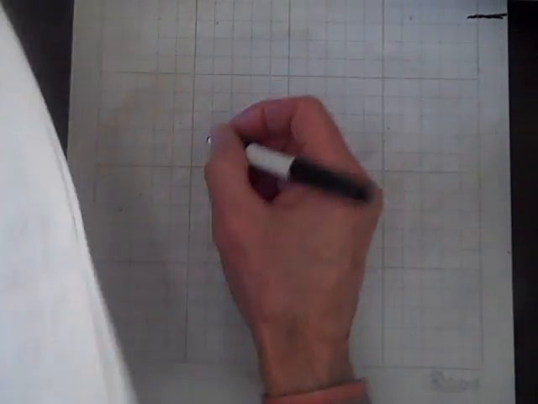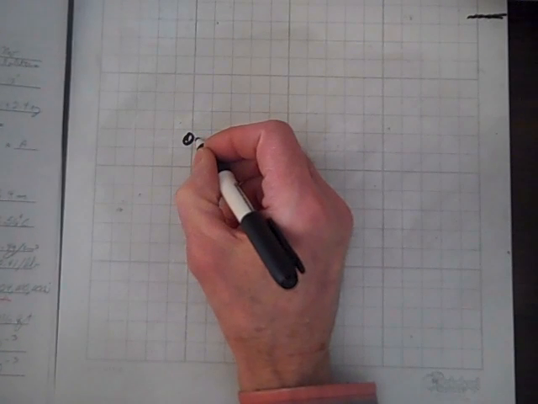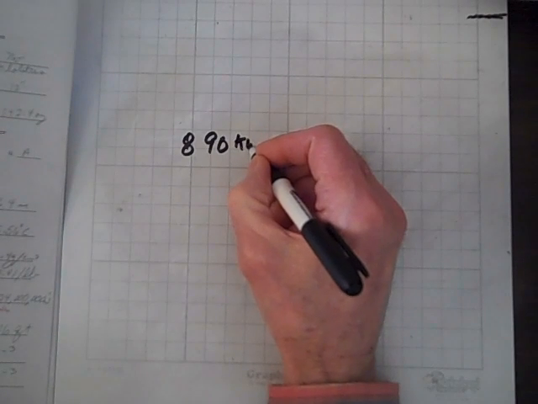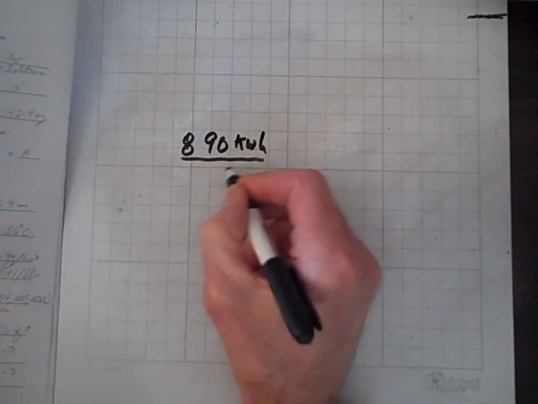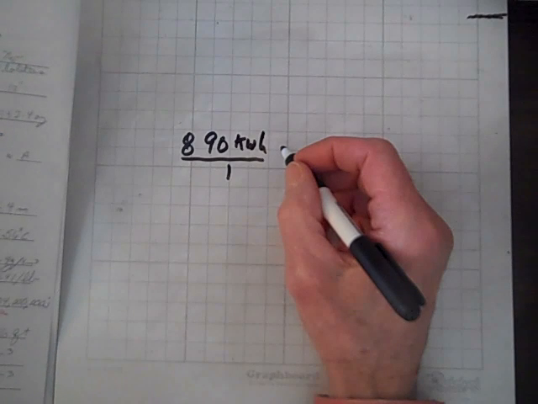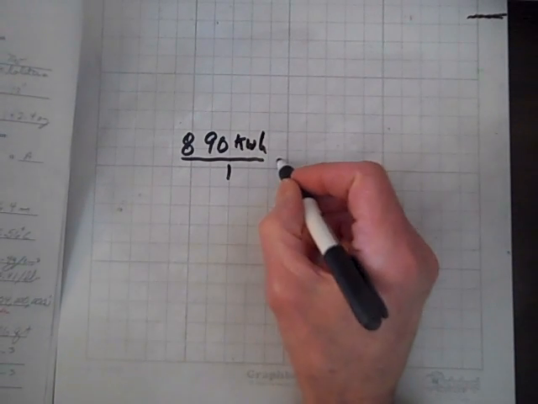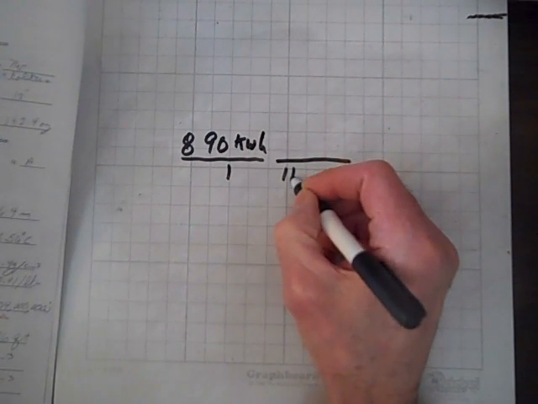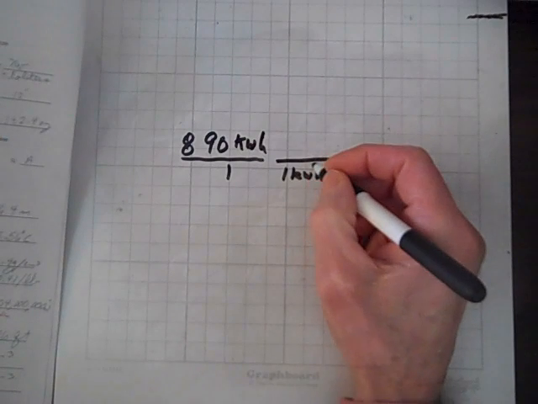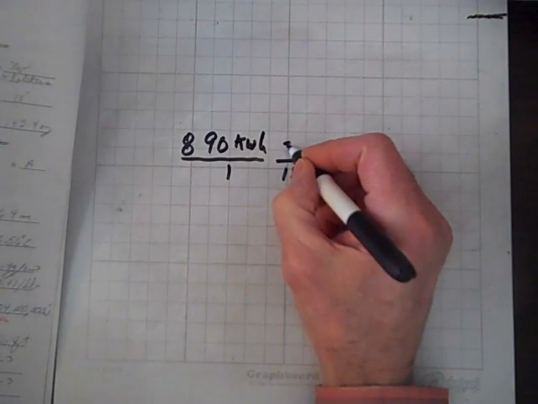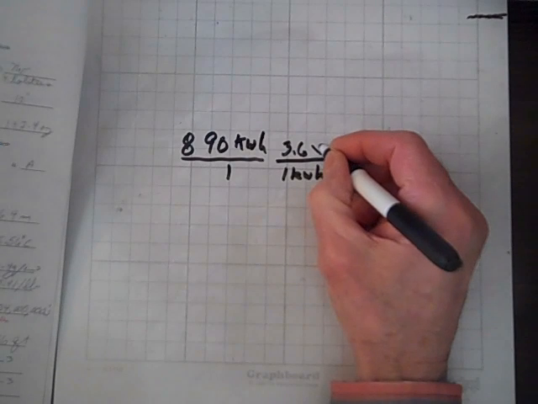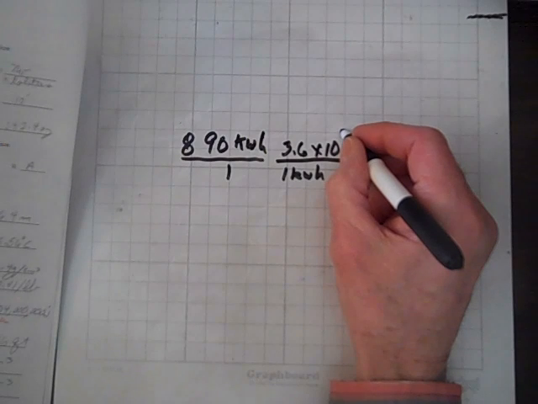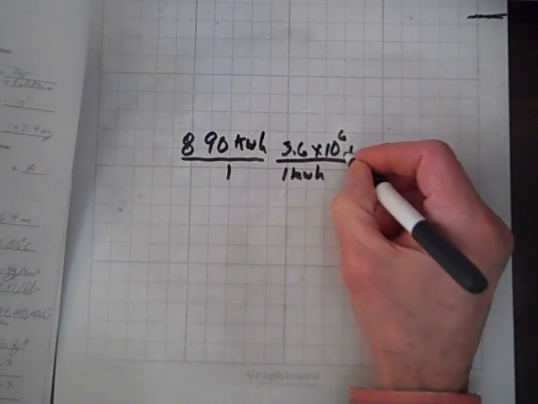So let's start out with our 890 kWh all over 1, and we'll multiply that. We want to get the kilowatt hours to divide out, and we know there's 1 kilowatt hour per 3.6 times 10 to the 6, that's 3.6 million joules.